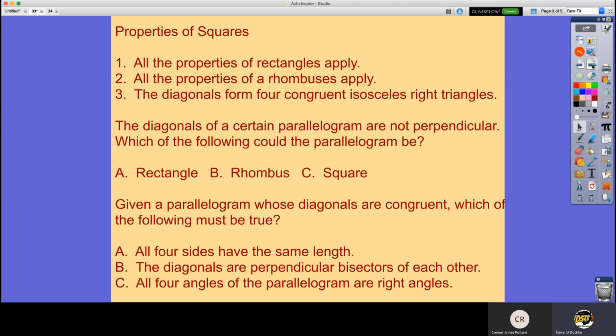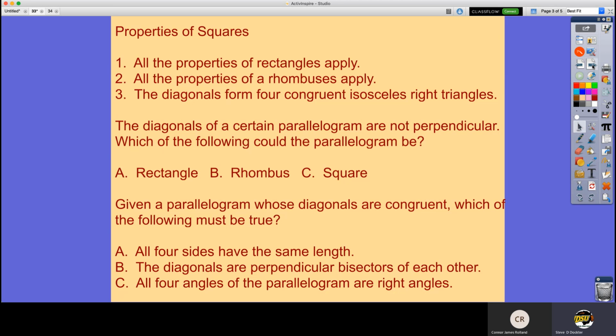A square, as it says up there, is just a combination of a rectangle and a rhombus. The biggest thing with the square is all the sides are the same and all the angles are 90 degrees. But then number 3 there is accurate too.